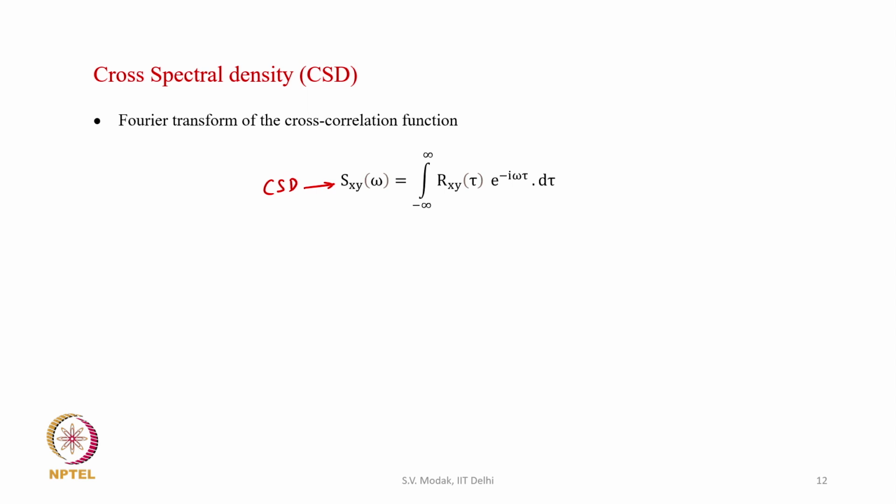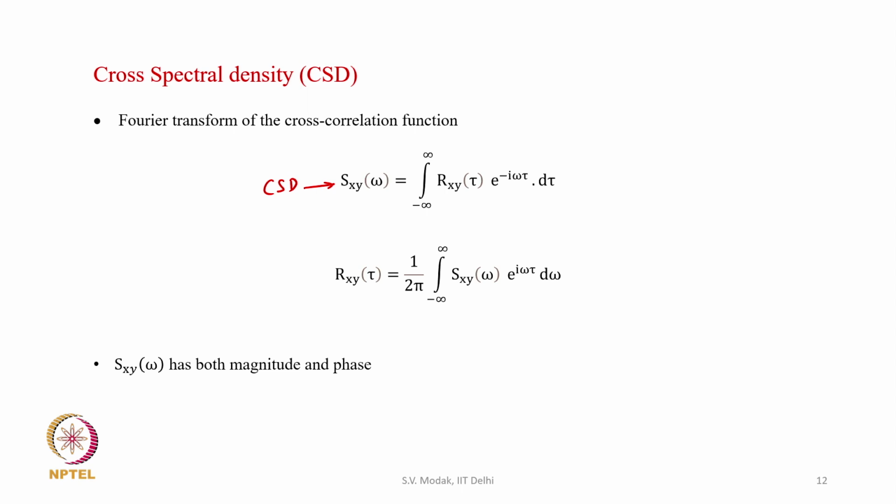This is the whole time axis. So, that is the cross spectral density, and similarly we can retrieve the cross correlation from the cross spectral density by inverse Fourier transform. So, cross correlation function and cross spectral density are related by Fourier and inverse Fourier transform relationships.